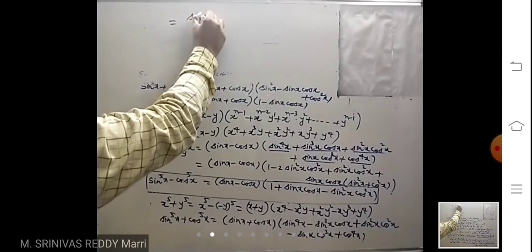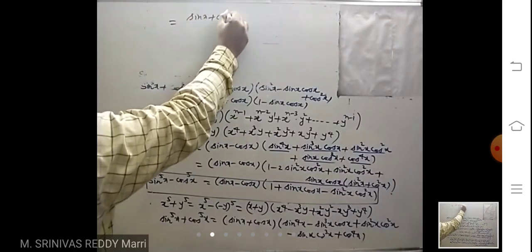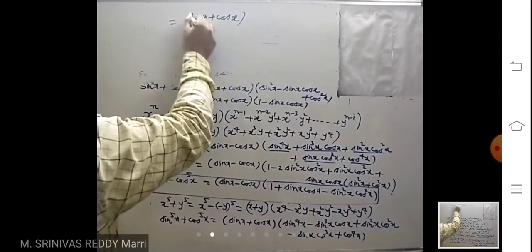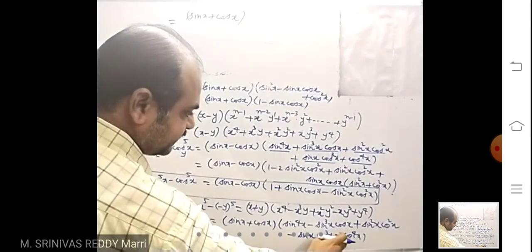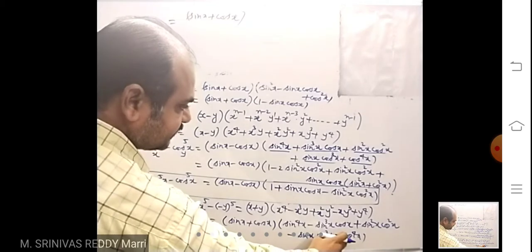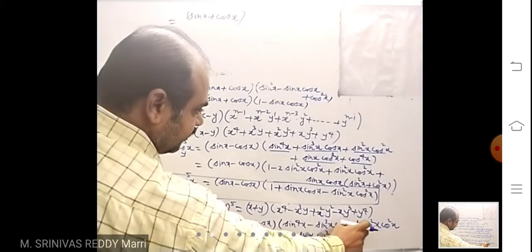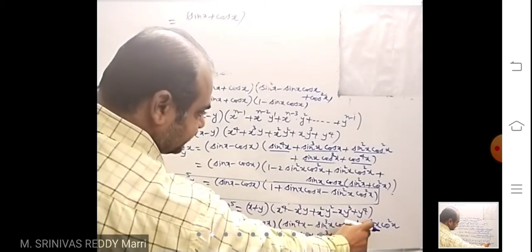Now if you simplify this, you will get sin x plus cos x into, look, in the previous case, sin power 4x plus cos power 4x is 1 minus 2 sin square x cos square x plus sin square x cos square x.